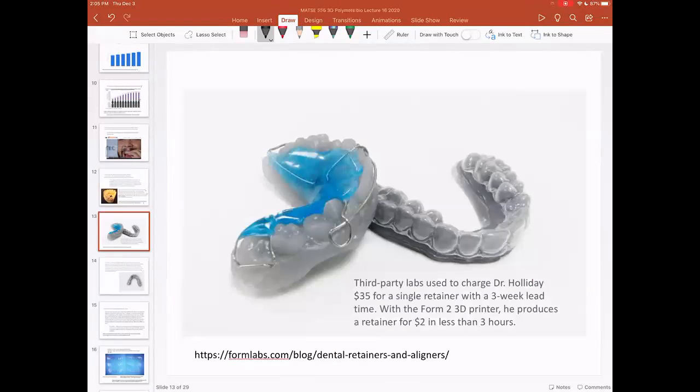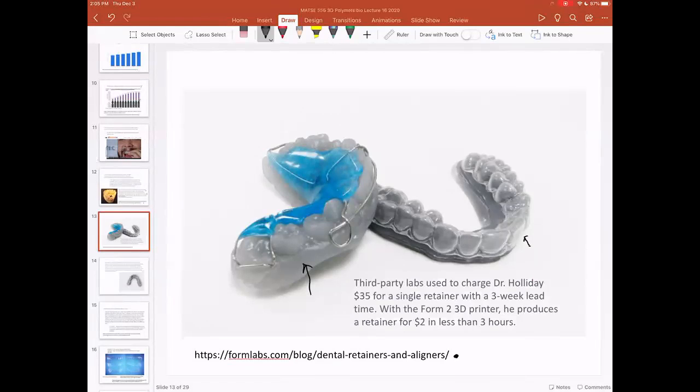Same thing here for Formlabs. And so they make a model of a person's jaw, and they can make a retainer from that, or they can make aligners from that. So these plastic braces, those are called dental aligners nowadays.